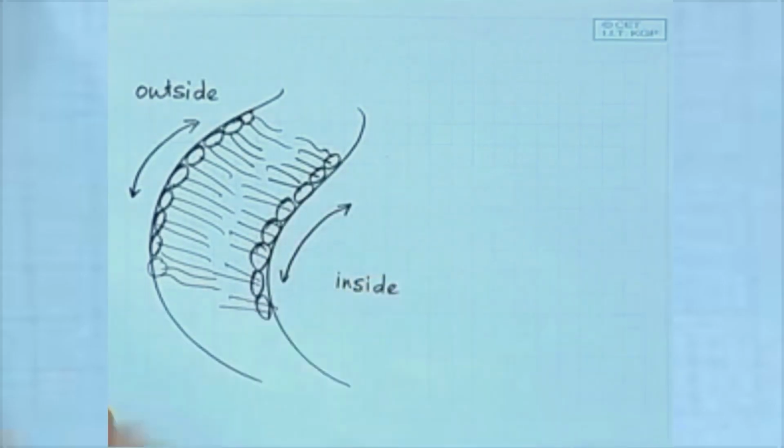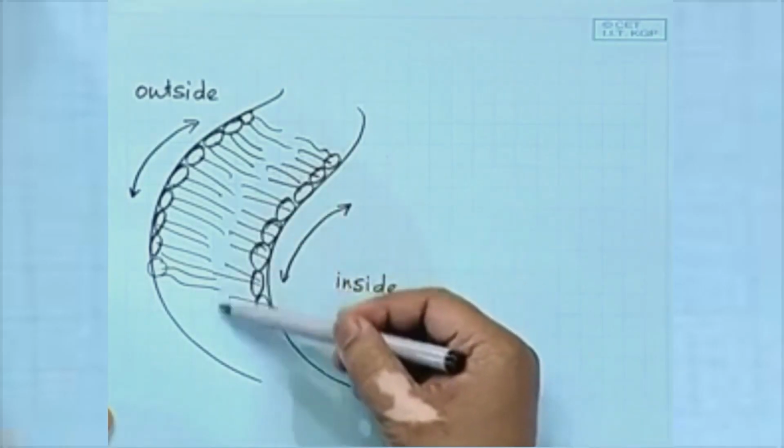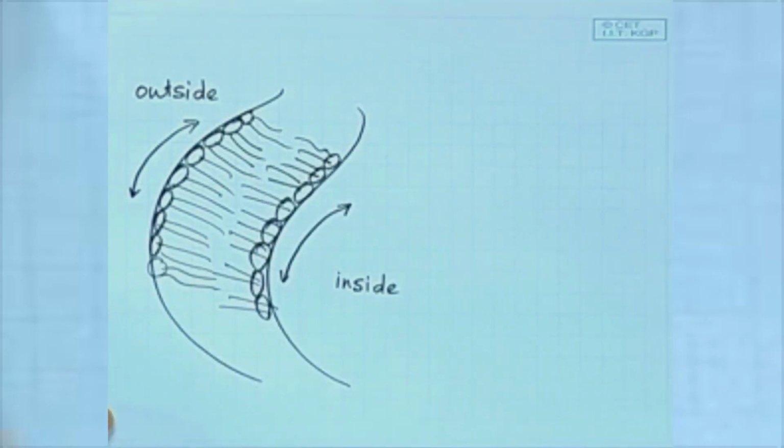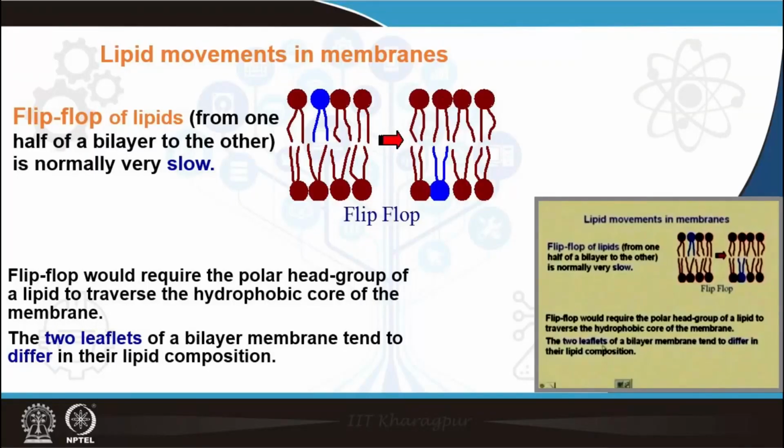You cannot have the same types of lipids in the inner part and in the outer part. So, the lipid membrane is actually asymmetric in nature, where the types of lipids on the outer surface are not the same as the types of lipids in the inner surface. That is what we mean by saying that the two leaflets of the bilayer membrane differ in their lipid composition. They have to differ in the lipid composition because their curvature is different.